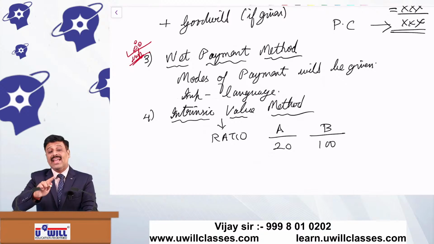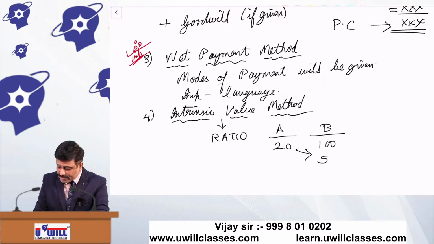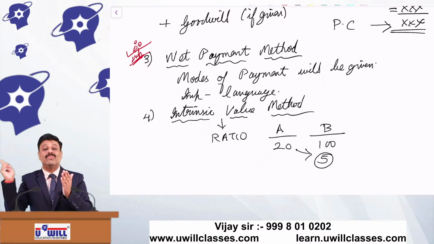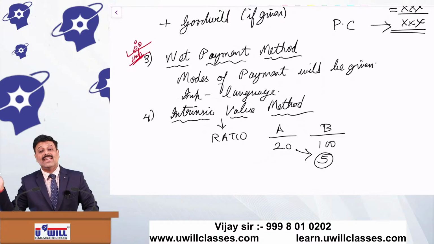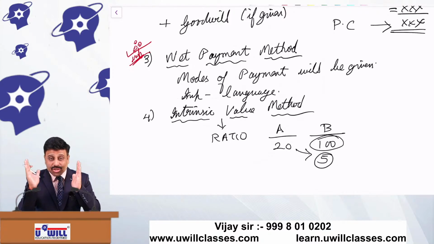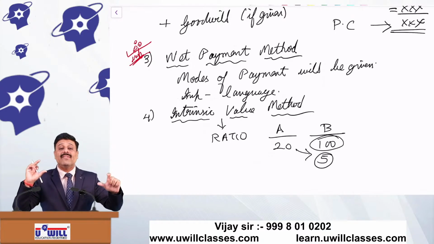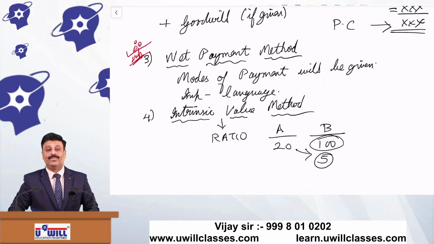Now, if A Limited is giving its shares to B Limited, will they have to give 5 shares or not? Because one share of A company which B Limited will get will have a value of only 20 rupees. So if they give 5 shares, then they will get their amount of 100 rupees. So that ratio, for every 1 share of B Limited, 5 shares of A Limited should be given, is actually derived using intrinsic value.